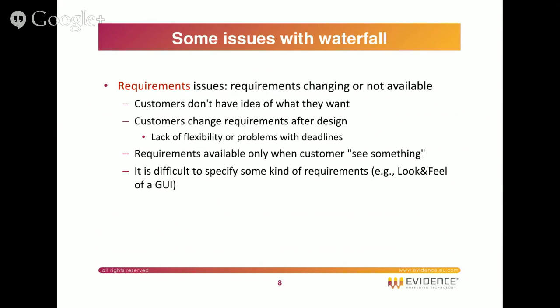So, what are the issues? We already discussed this yesterday, but let's have a look again. So, requirement issues. Requirements changing or not available. Customers don't have any idea of what they want. Often, customers are not computer scientists, so they have no idea of what to expect from a software.